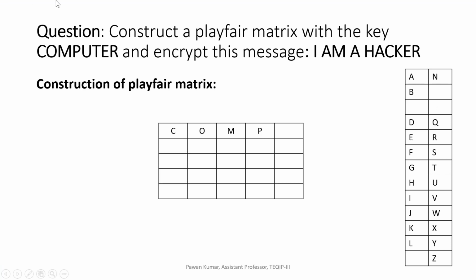Next is P, then U, then T, then E, then R. I have filled all the characters of the keyword, and there is no repetition in the keyword, so all the characters are in the matrix.